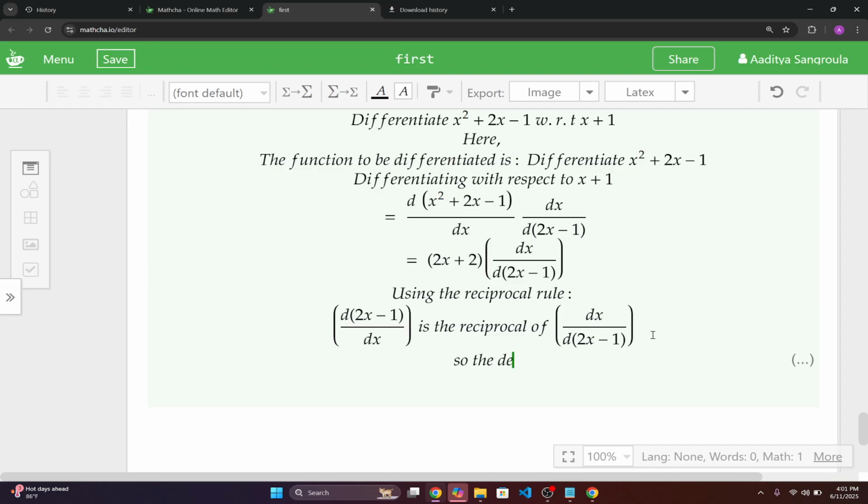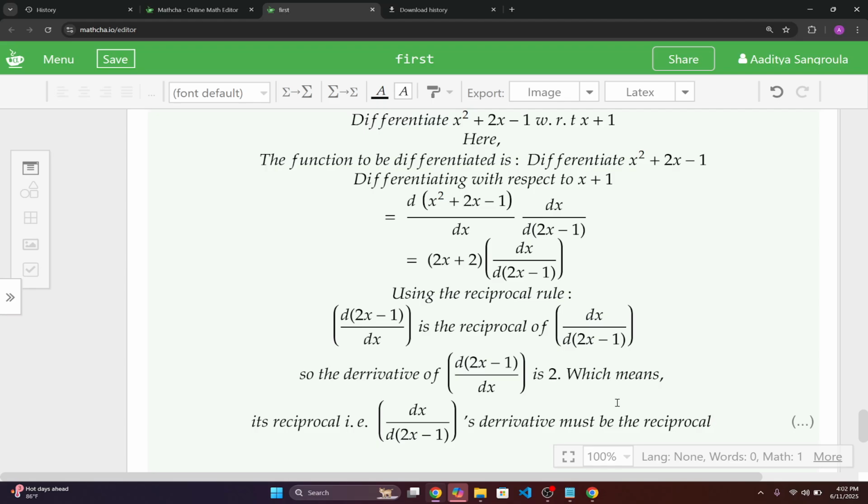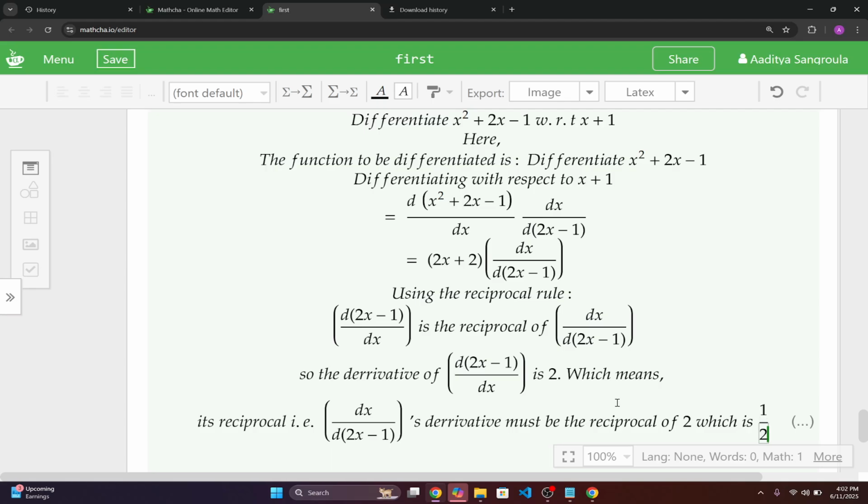So the derivative of this is 2, which means its reciprocal, i.e. this thing's derivative, must be the reciprocal of 2, which is 1 over 2.